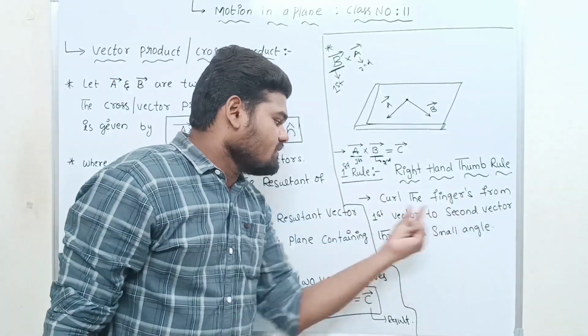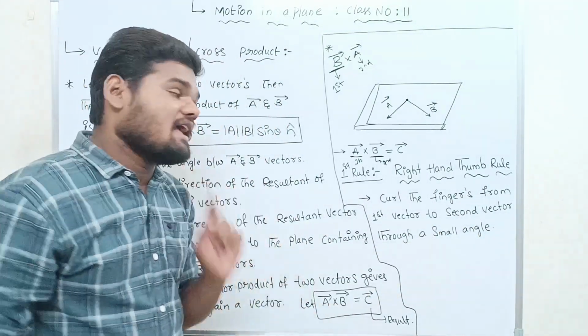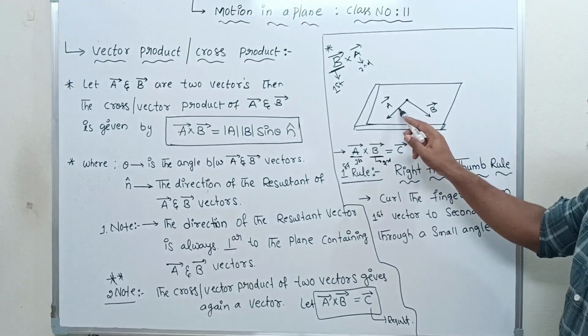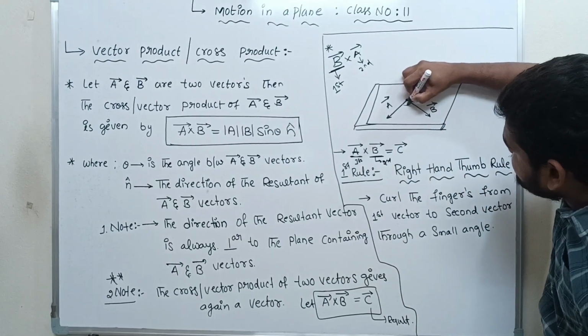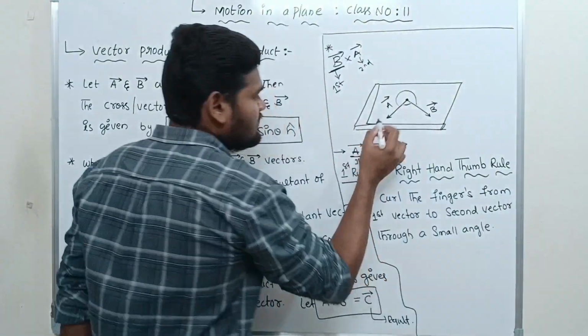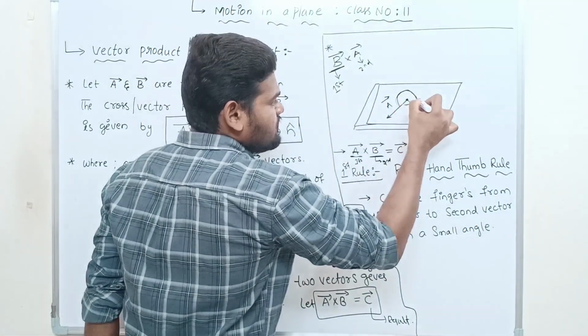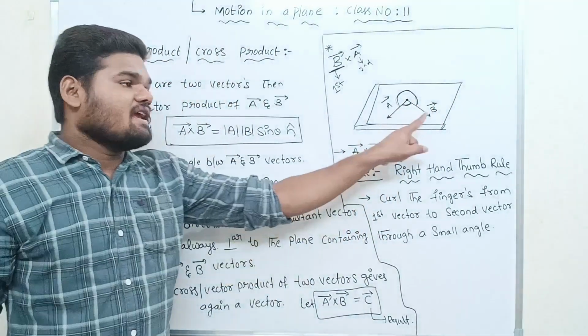So curl the fingers from the first vector to the second vector through a small angle. This is the a bar vector and this is the b bar vector. Have a look at the small angle. These are the two angles formed by the a bar vector and the b bar vector. This is one angle formed by a bar and b bar, and this is also an angle formed by a bar and b bar.